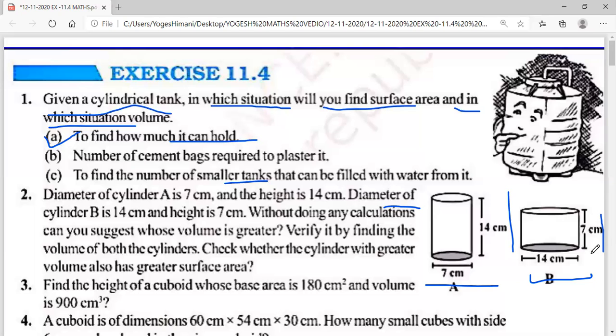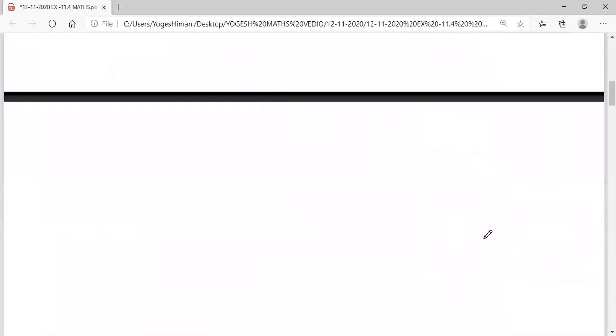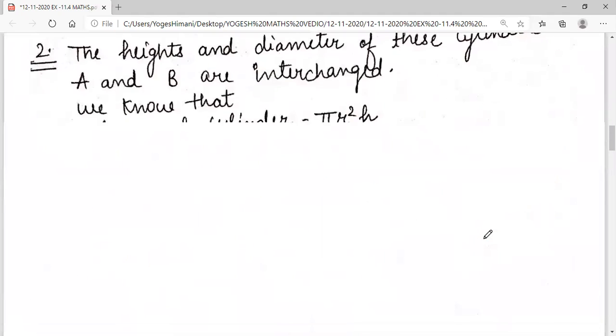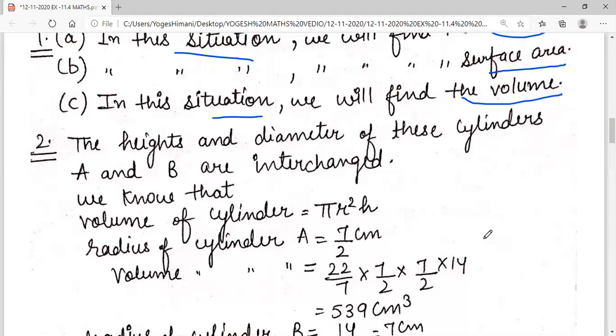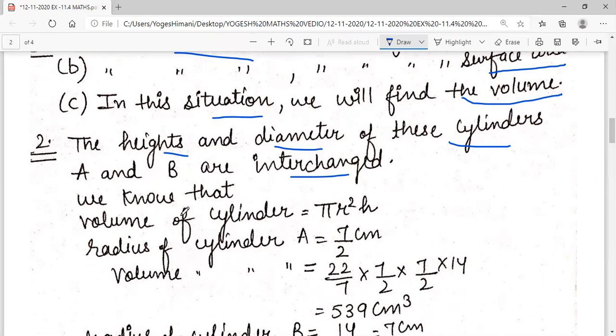Okay, students, let's see the solution. The first point is to suggest which has the greater volume. We can say that the height and the diameter of cylinders A and B are interchanged. We know the volume of a cylinder is pi r square h.